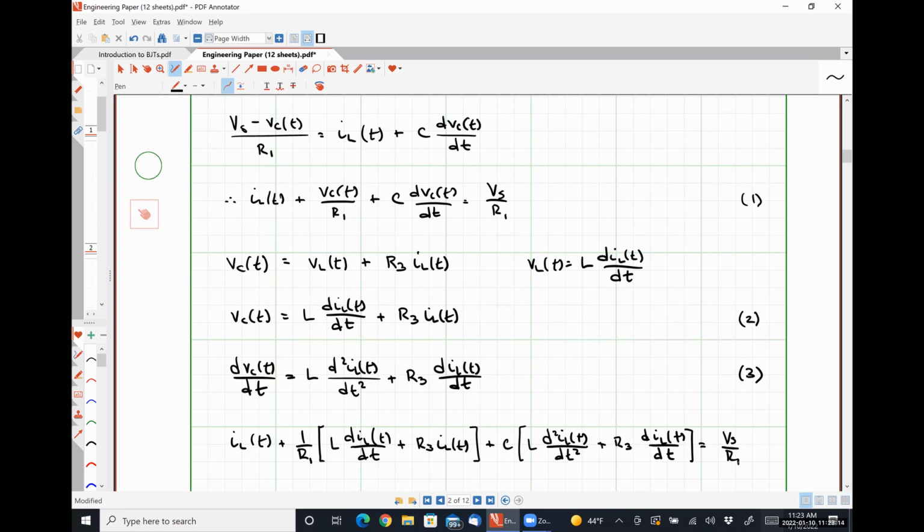And now we just need to group together terms to figure out what our coefficients are going to be, right?